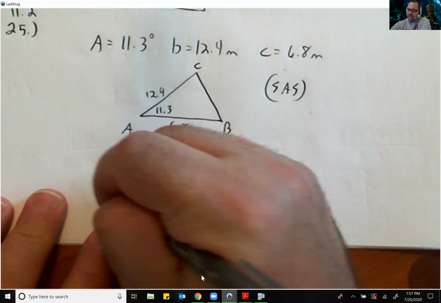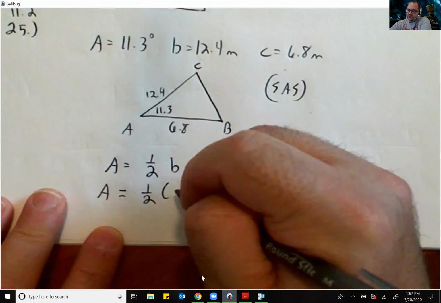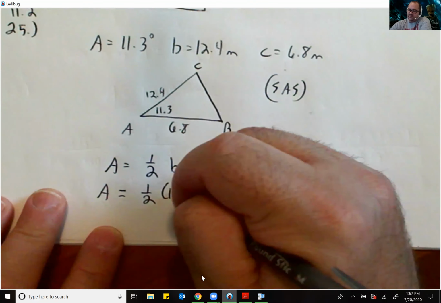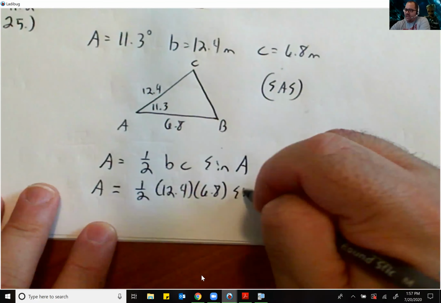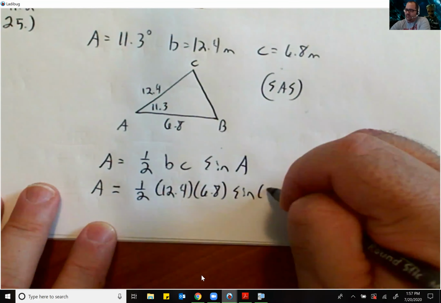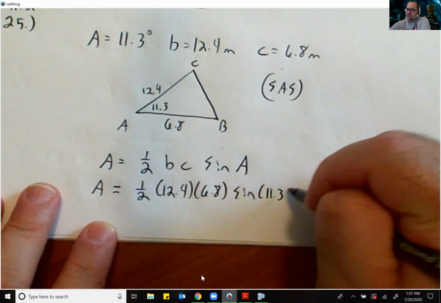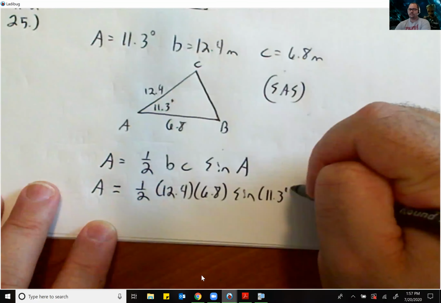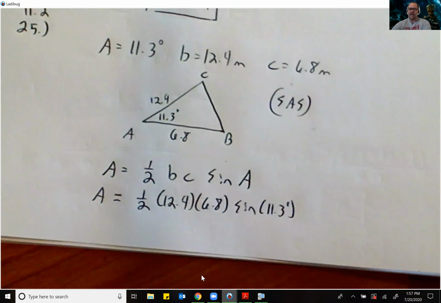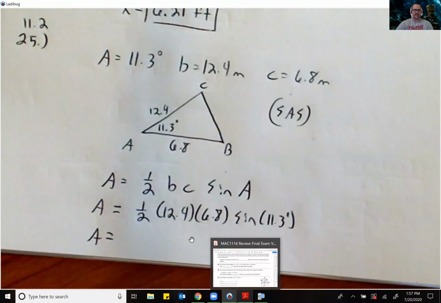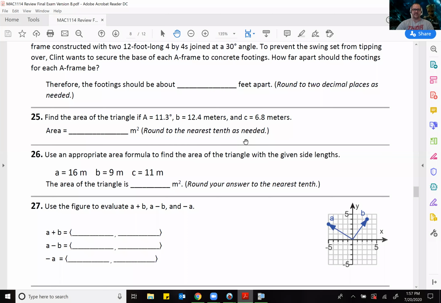So 1/2, b is 12.4, c is 6.8, sine of A, which is 11.3 degrees. So A is going to be equal to, and it says round to the nearest 10th.